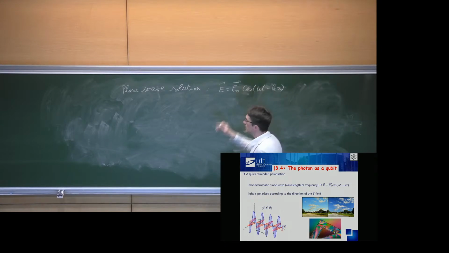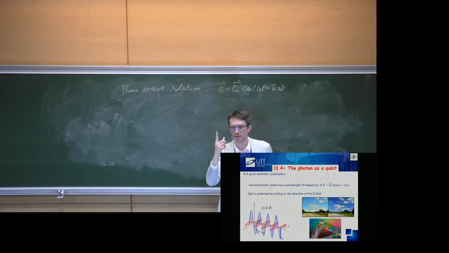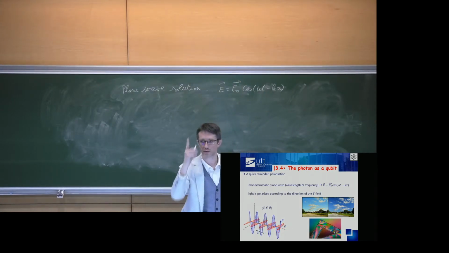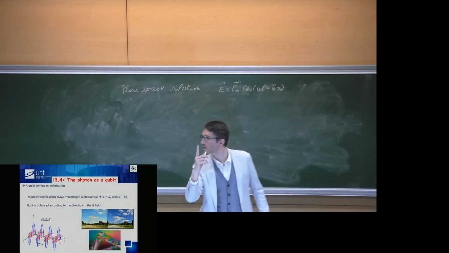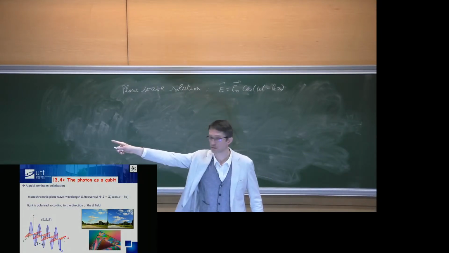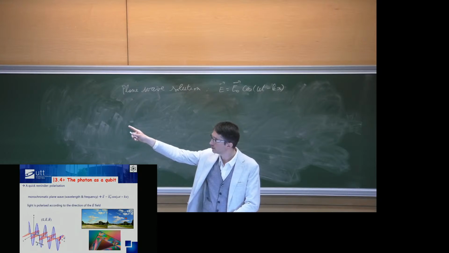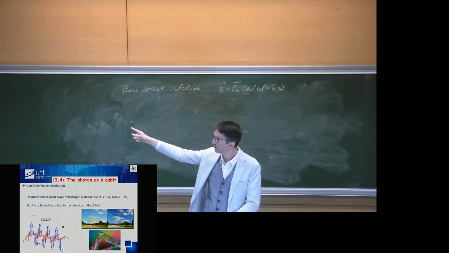And E0 is where the polarization state points. So E0 could be towards y, that's what's represented on this graph here. So we have E0 along y.